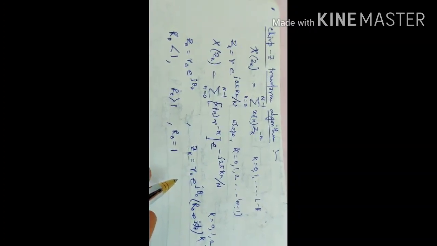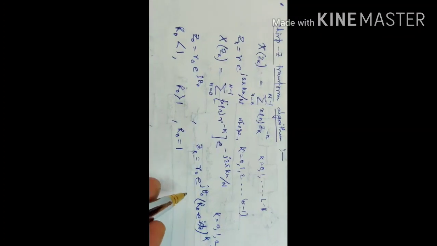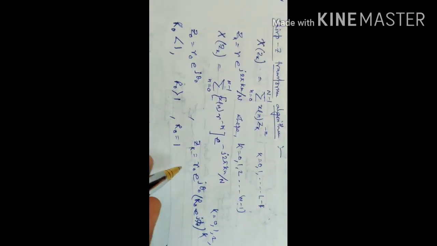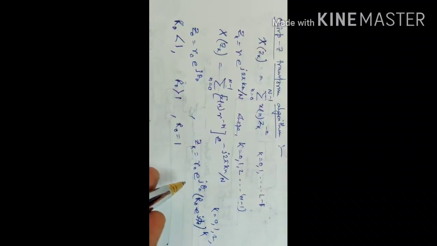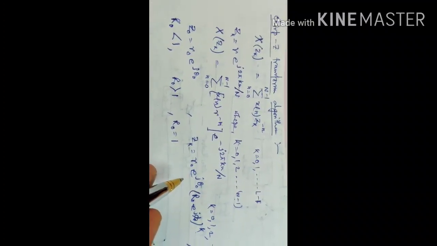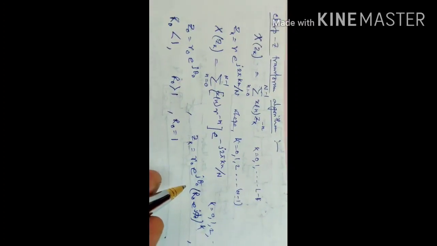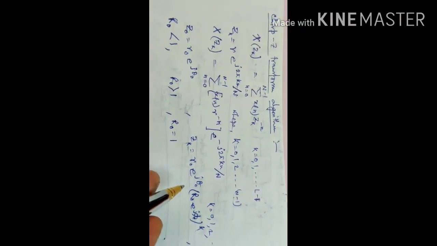Finally, if r_0 equal to R_0 equal to 1 and theta_0 equal to 0 and phi_0 equal to 2 pi by N, and L equal to N, then the contour is the entire unit circle and the frequencies are those of the DFT.